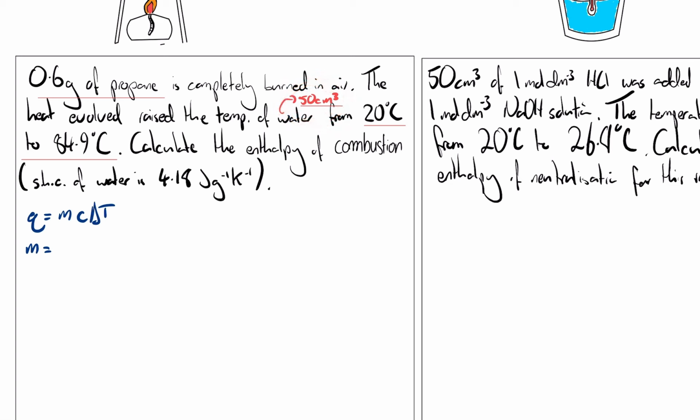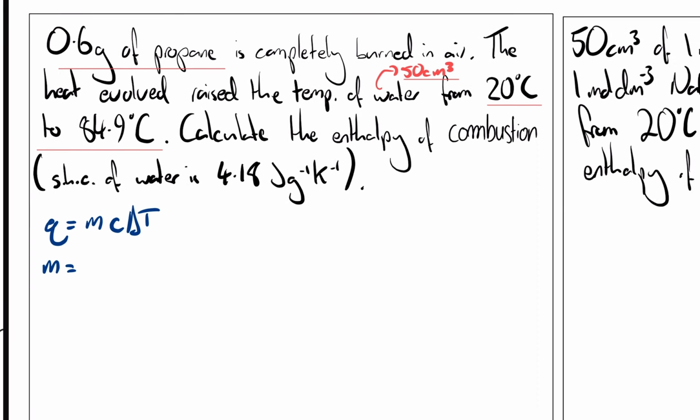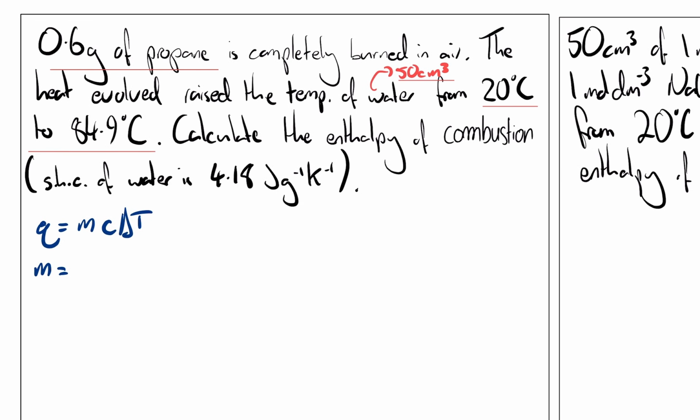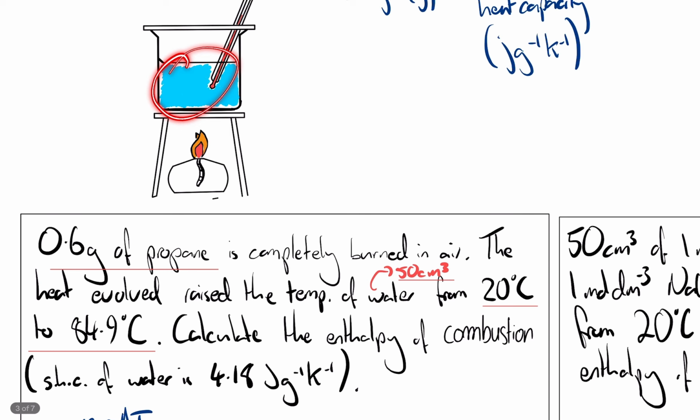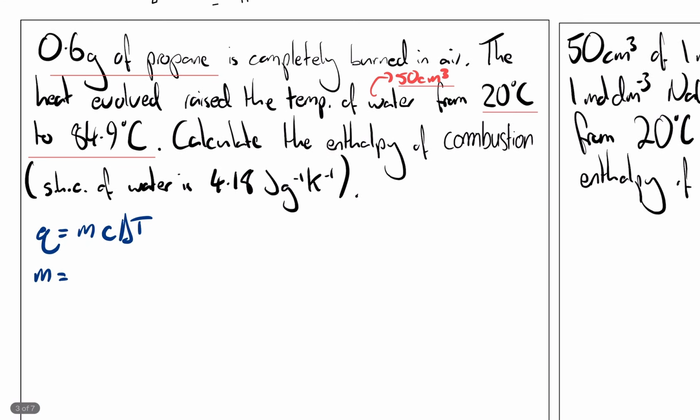The mistake people will make is they'll use the 0.6 from propane. That's never going to be right. Okay, we're measuring the mass of the substance that is heated. And again, in our example here, it's the water that's heated. Again, if we're told 50 millilitres or 50 centimetres cubed with water, we know that's going to be 50 grams.